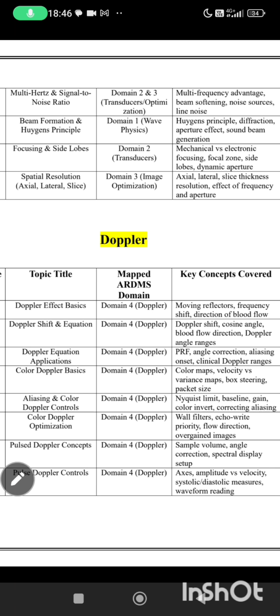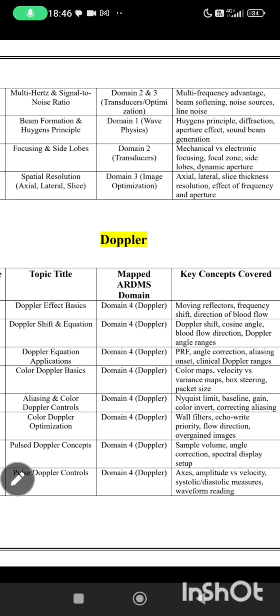Now what is our system's ability? That is our scale, our Nyquist limit, and our PRF. These three things. All of these reduce when aliasing happens.